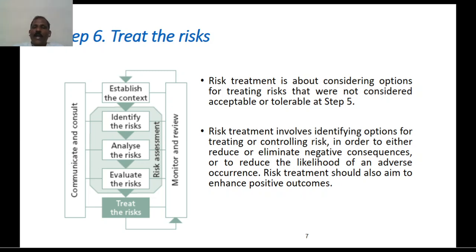Treatment involves identifying options for treating or controlling risk in order to either reduce or eliminate negative consequences, say through insurance, or to reduce the likelihood of an adverse occurrence. With all possible steps, loss or casualties can be stopped. Risk treatment should also aim to enhance positive outcomes.